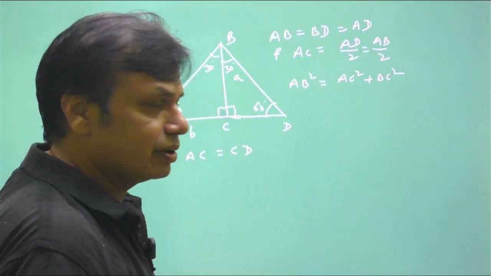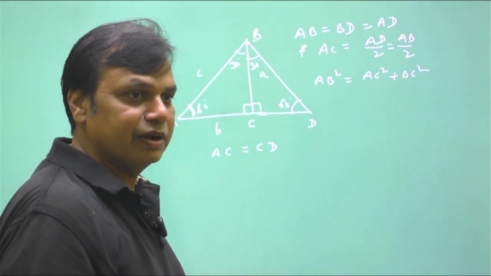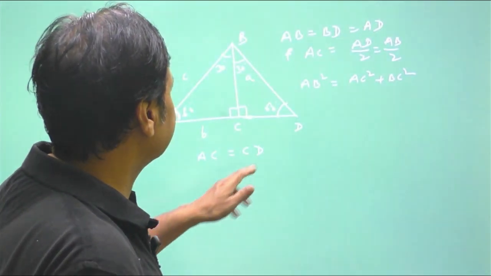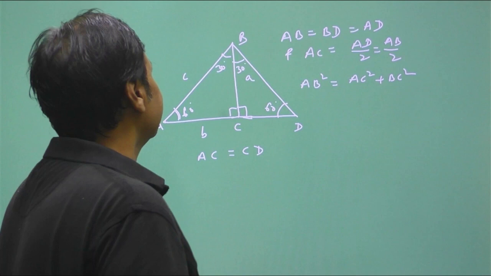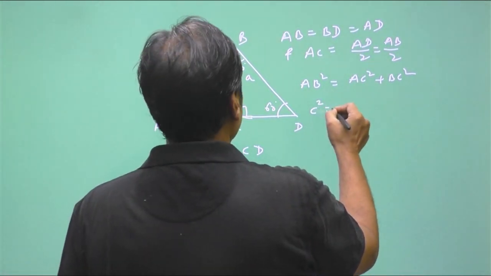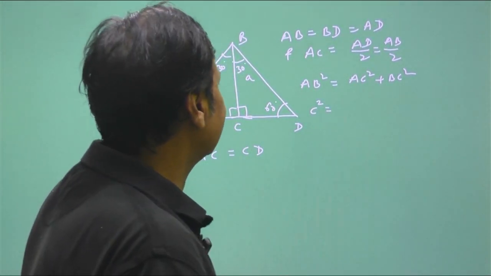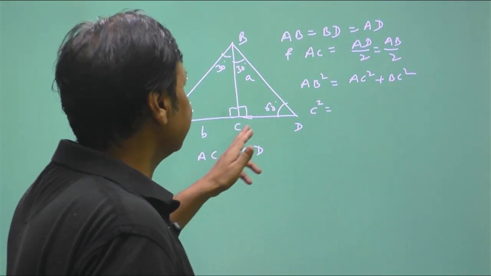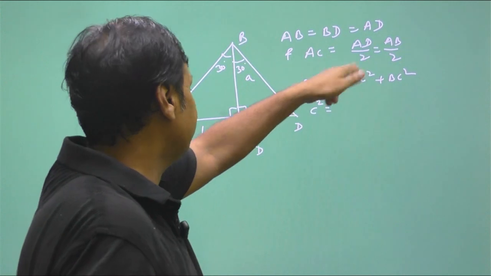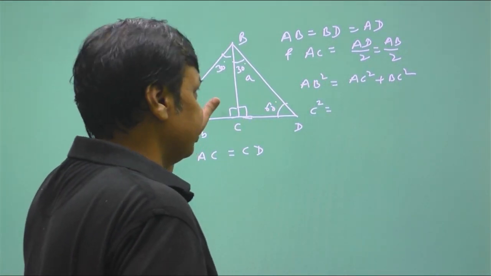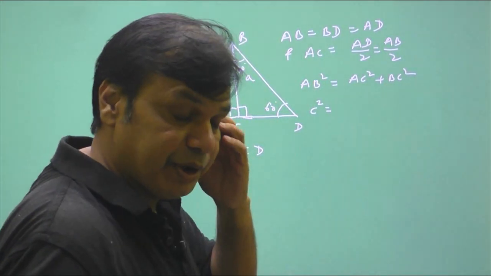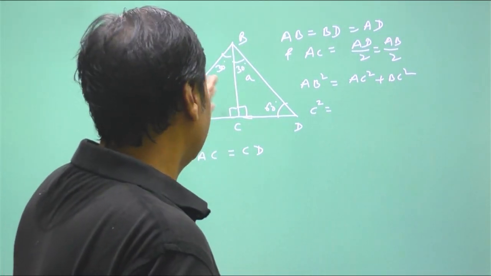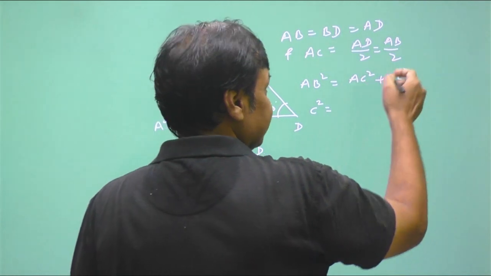AC square plus BC square equals AB square. That means c square equals AC square plus BC square. AC is equal to AB by 2 or AD by 2. I will choose AB because it serves my purpose. So AC equals c by 2.